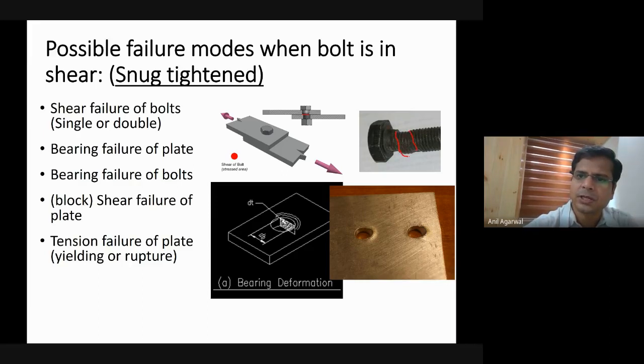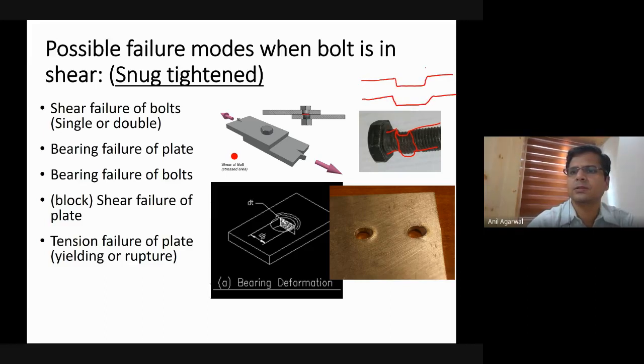You can see this kind of a bulge shape, a surface forming. That means there is a shear plane here and there was a shear plane here. So this was a double shear problem in which this bolt underwent shear failure.